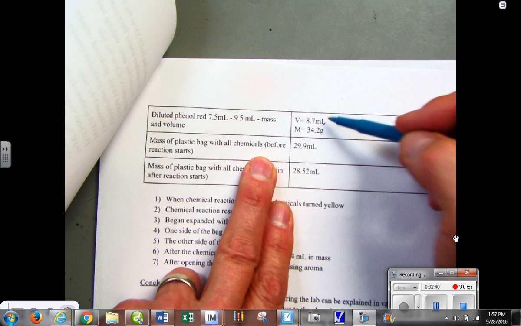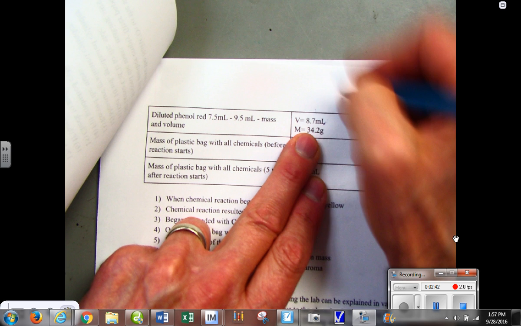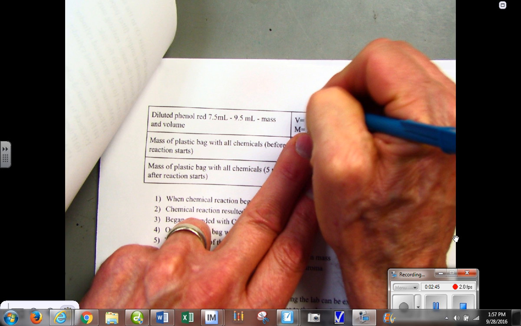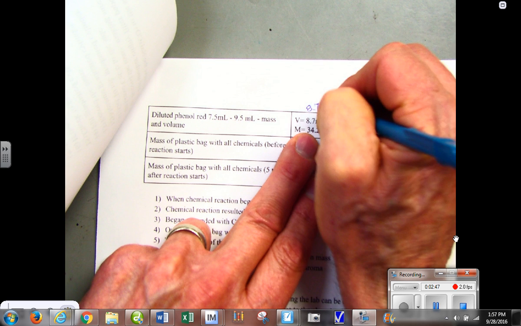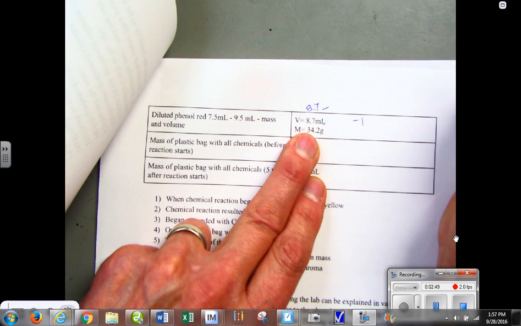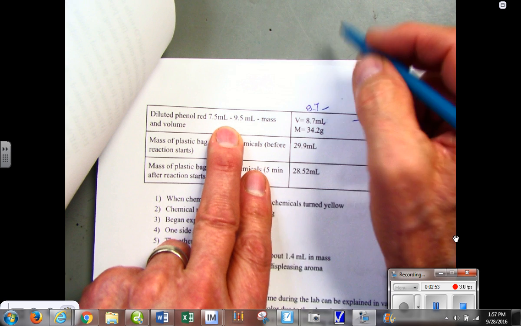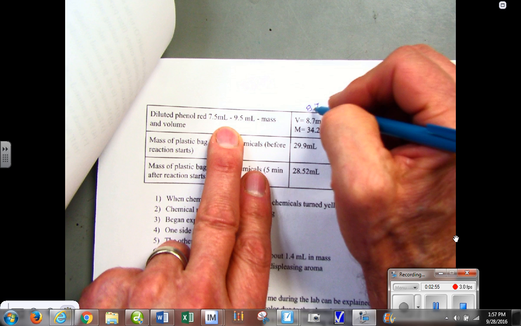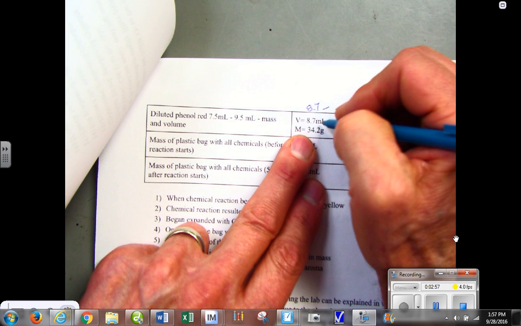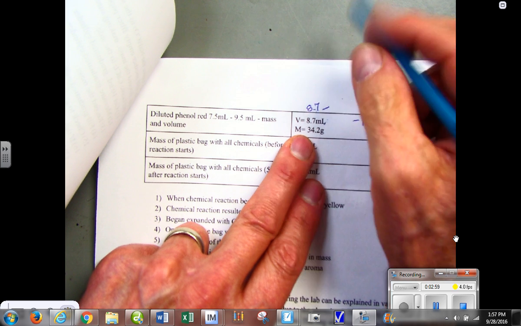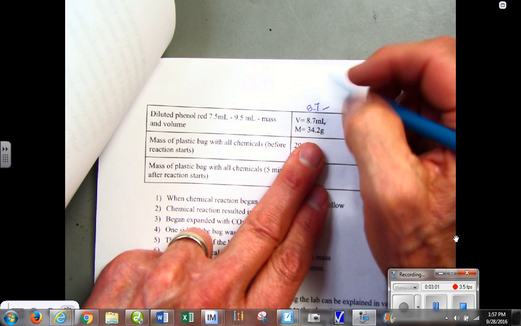We got the volume, but we're -1 here because this should be 8.7 something. Because that graduated cylinder is capable of that much accuracy. So you have to have 2 decimals for any measurement made with a graduated cylinder.